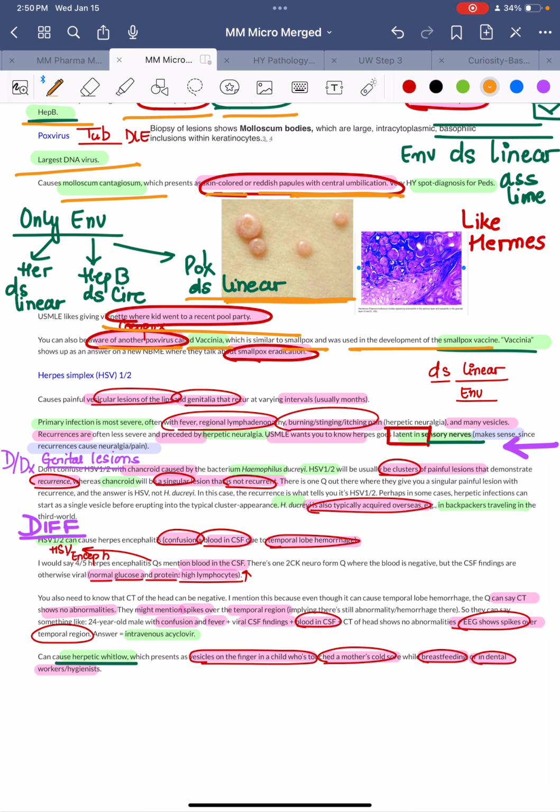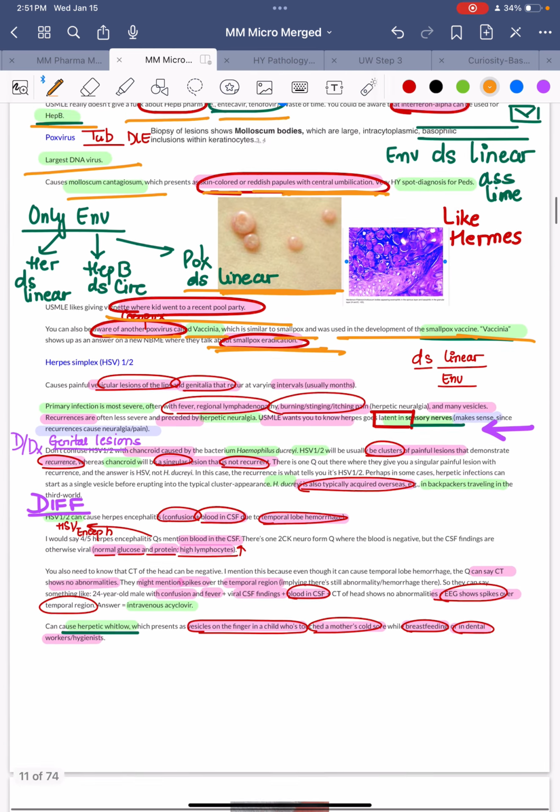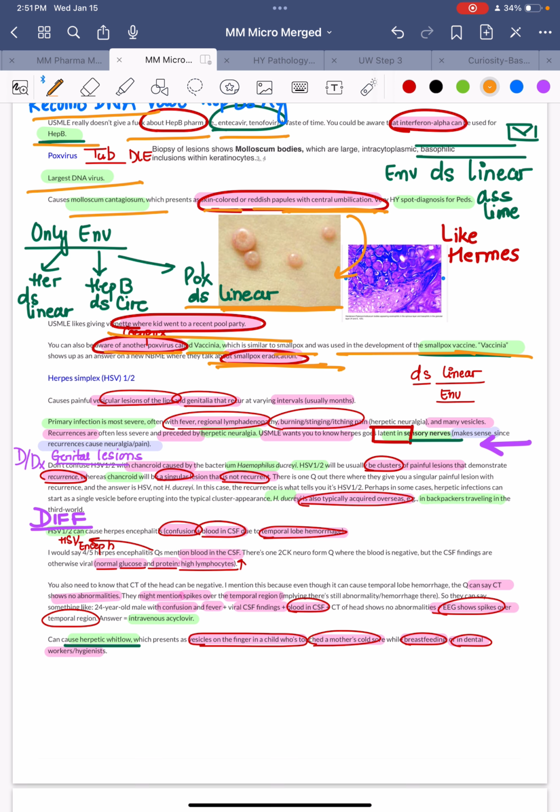And vaccinia can show up on your exams as well. When they ask about smallpox eradication, they can ask which type of virus was used. It was basically the vaccinia virus, which is a DNA virus, just like the pox virus which causes molluscum contagiosum, right?